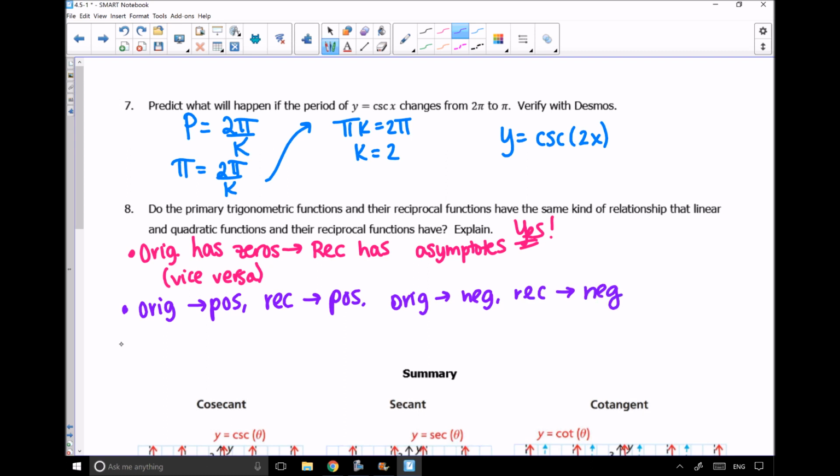Okay, and then one last thing that we use to help us graph out our information is that when the original function is increasing, remember the reciprocal function is going to do the opposite, and it's going to be decreasing, and vice versa. So when the original function is decreasing, the reciprocal function is going to be increasing. Okay, so everything is true no matter what type of function the original function is. The reciprocal function will always follow these important rules right here.